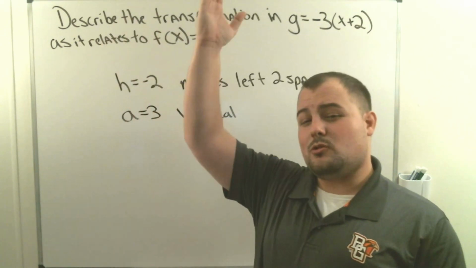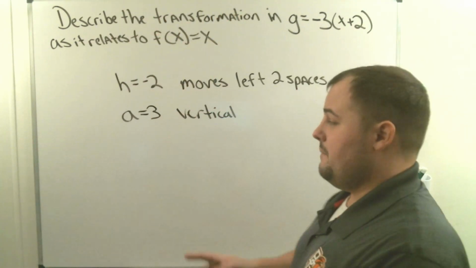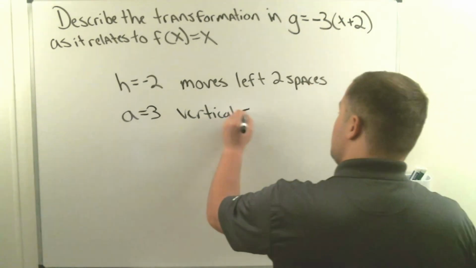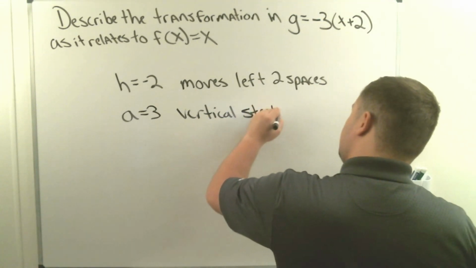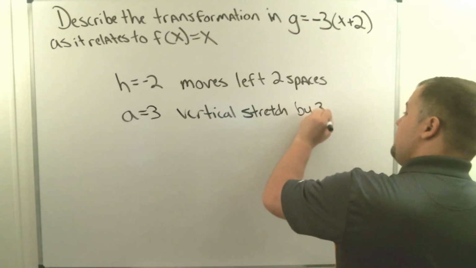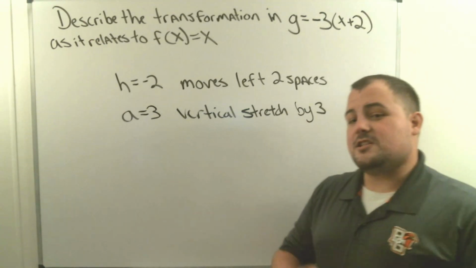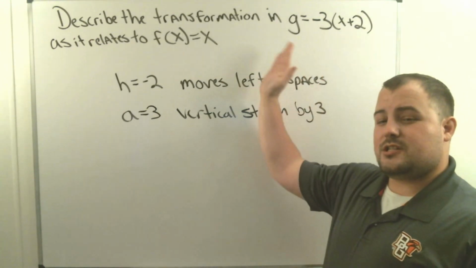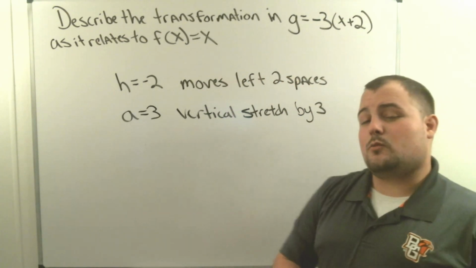Are we getting closer to the y-axis, or are we going further away? Since it's a number bigger than 1, we're getting closer. So this is a vertical stretch by 3. So far, we said that this graph moves left by 2, and it stretches by 3, which means it's getting closer to the y-axis.